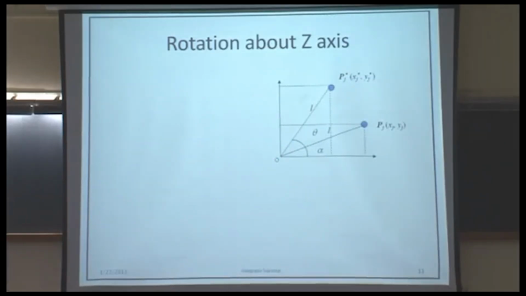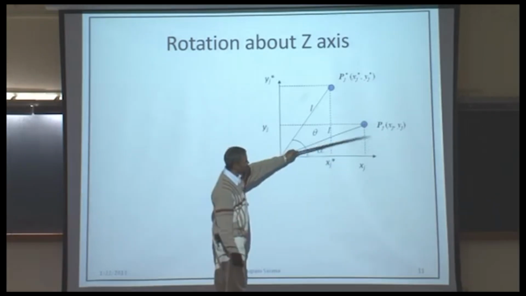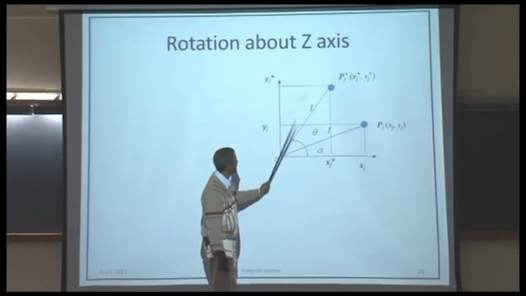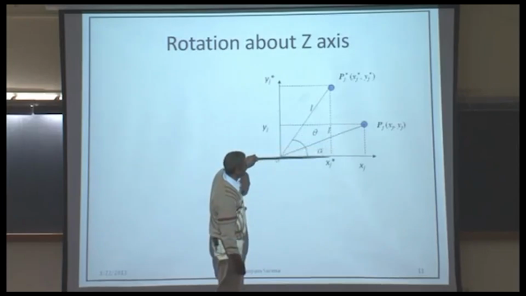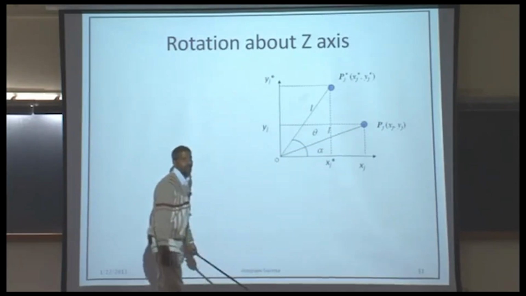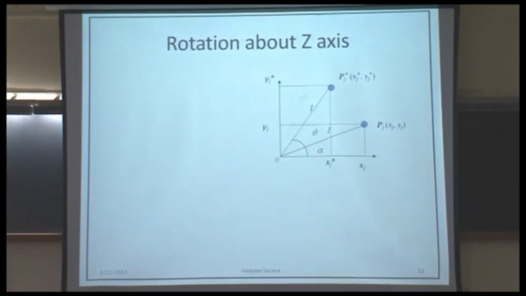Right? Have you come across this before? Yes or no? Straightforward? So this horizontal projection is xj, the x coordinate of pj. This vertical projection is yj, the y coordinate. This horizontal projection is xj star. This is yj star. Given the angles theta and alpha, can you relate these projections? You can.